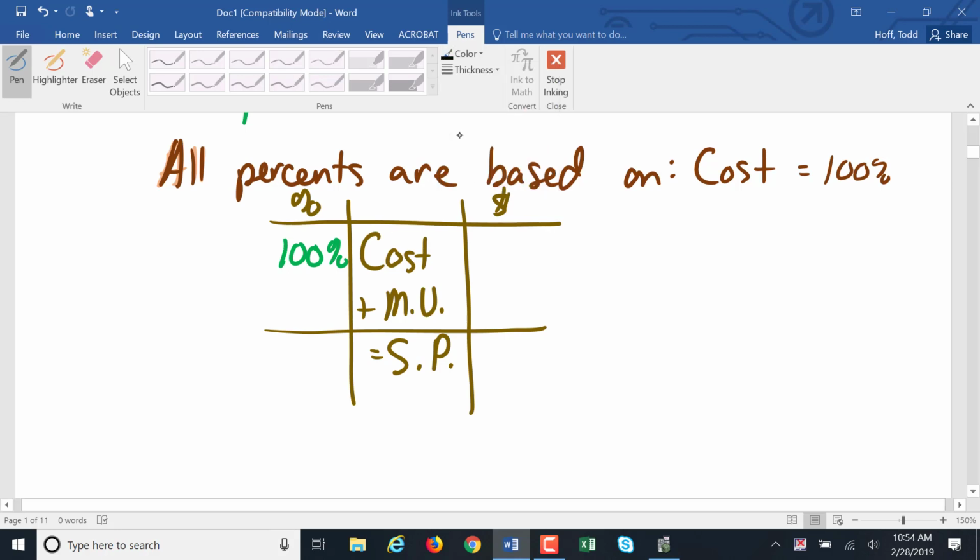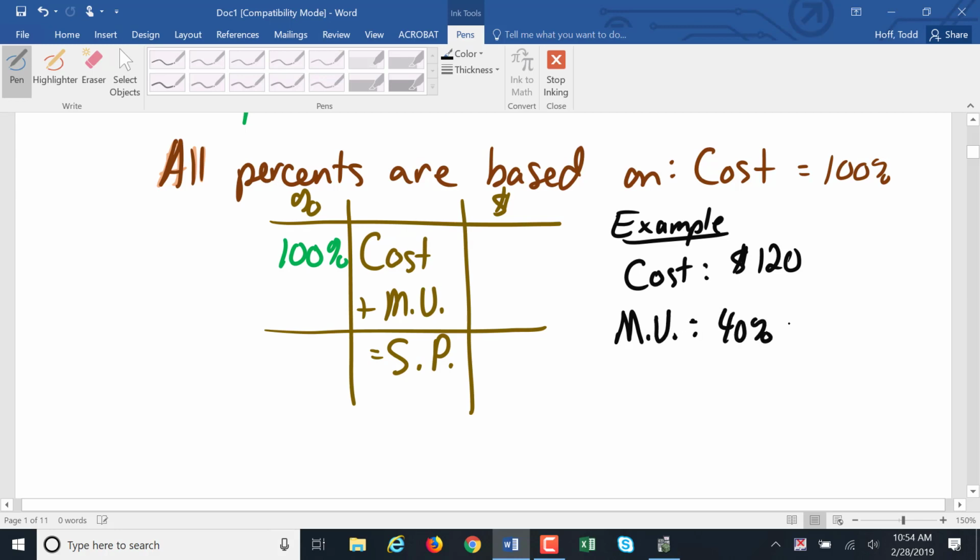So let's look at an example that we will fill into this table here. We're going to do several examples, but our first example is we're going to have a cost of $120. And our markup is listed as a 40% markup on cost.